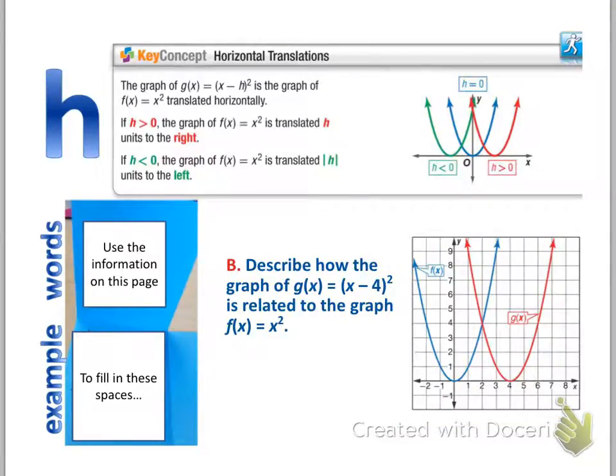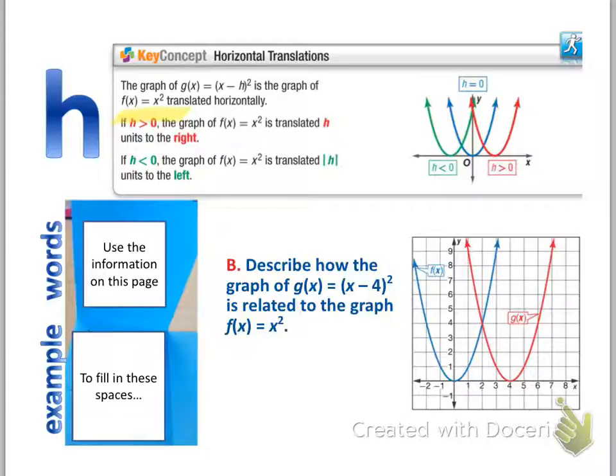The H, this is the one that goes backwards. If H is negative, it moves to the right, and if H is positive, it moves to the left.